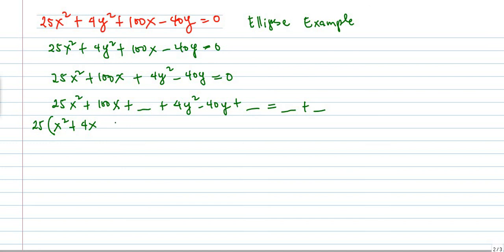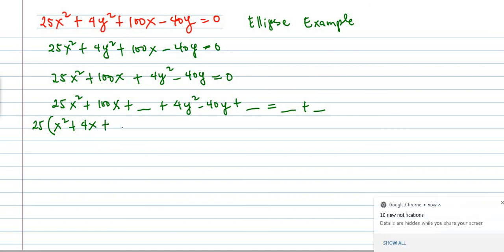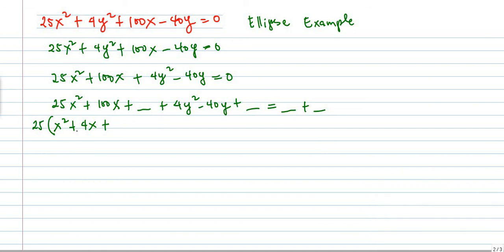Okay. Now what will be the value here? To make this one a perfect square, we have x squared plus 4x plus a value to make it a perfect square. So this is 4. 4 divided by 2, that is equivalent to 2, and then square it. So 2 times 2, that is 4.